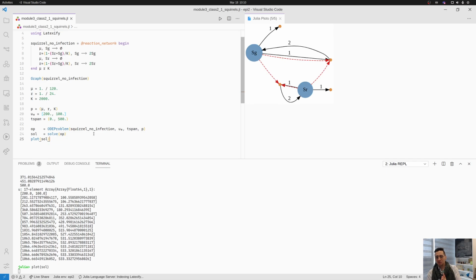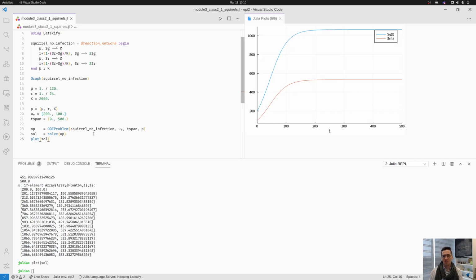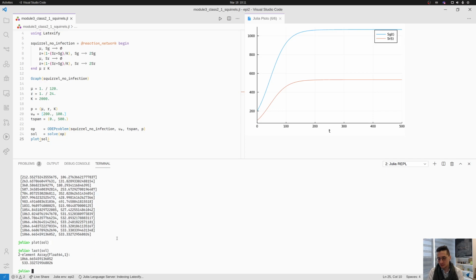So there should actually be exactly twice as many individuals from the first species than there are from the second species, which is what we see here. There's a bit more than 500 here and a bit more than 1,000 here. We can check at the last element of the solution. That is exactly twice as much.